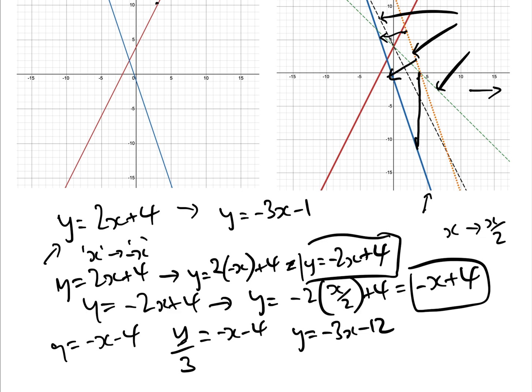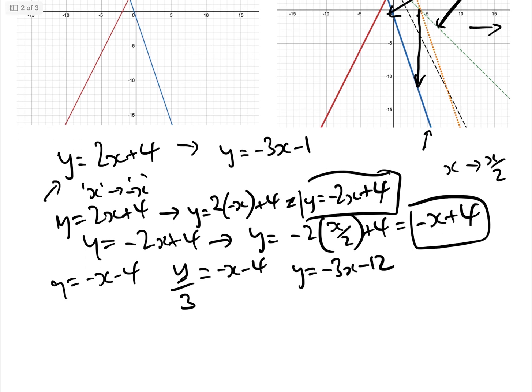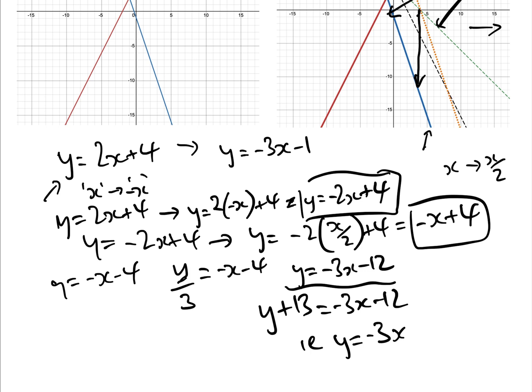And you can see if we translate the orange one down by 13, it gets to the blue one. And translating down by 13 means we replace y with y plus 13 equals minus 3x minus 12. Sorry, I misspoke earlier: that should be x plus 4, so 3x plus 12, and then that becomes minus 3x minus 1.